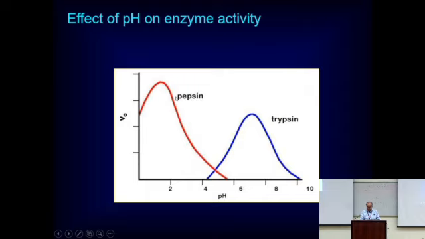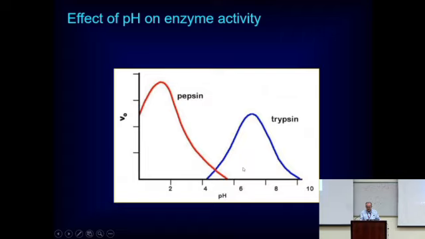So pepsin is an enzyme found in the stomach. The pH of the stomach is about 1.5. So you find that this enzyme protein is quite resilient, and it works in the acidic environment of the stomach. On the other hand, trypsin, which is derived from trypsinogen, is in the small intestine.